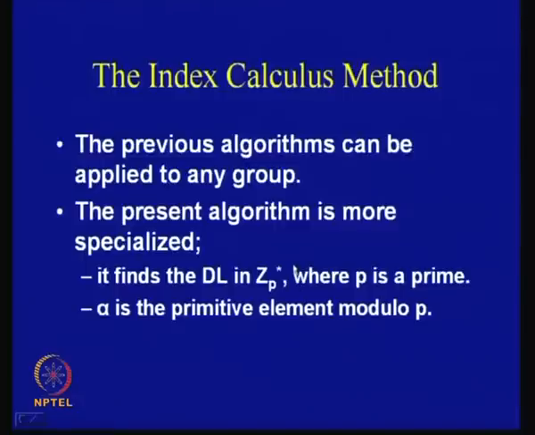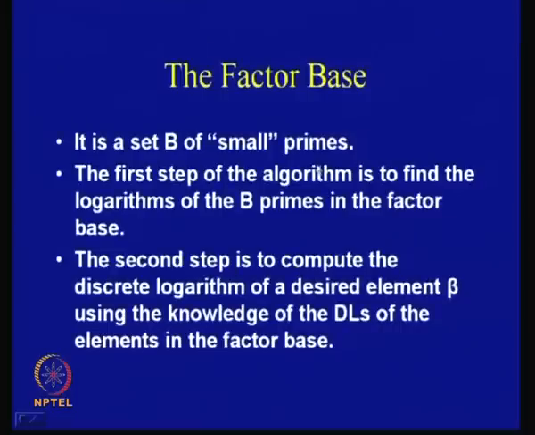So what is done in this index calculus algorithm is by using something which is called a factor base. Okay. So you start with some small primes and assume that your factor base is composed of some small primes, and there are two steps in this algorithm. The first step is to compute the discrete log of all the prime values in this factor base.